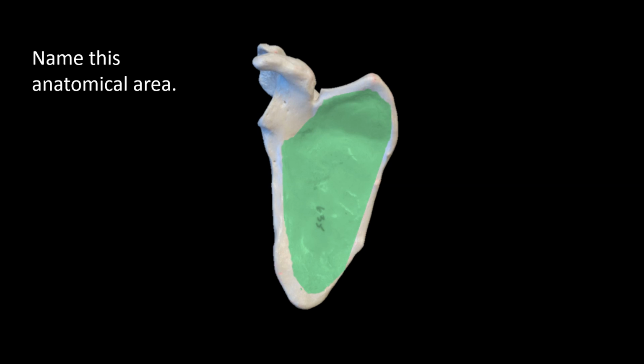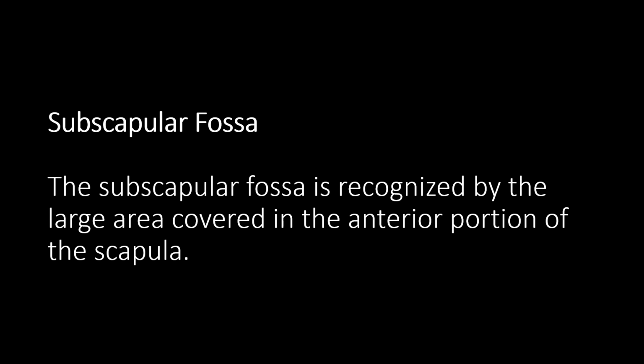Name this anatomical area. Subscapular fossa. The subscapular fossa is recognized by the large area covered in the anterior portion of the scapula.